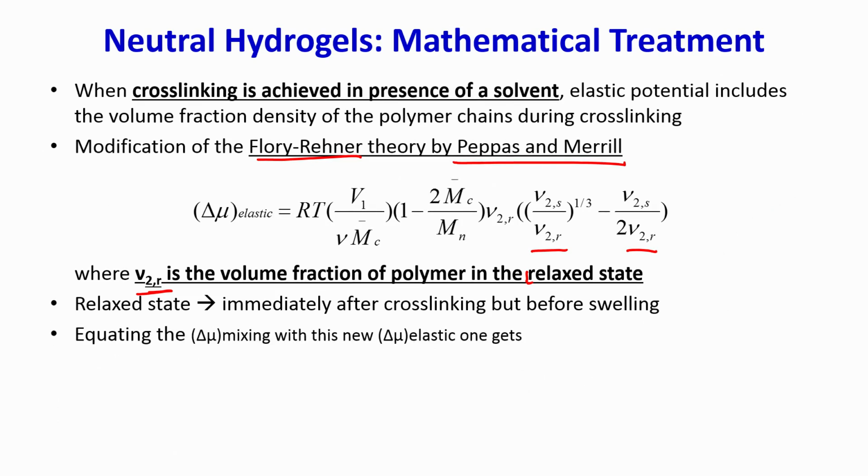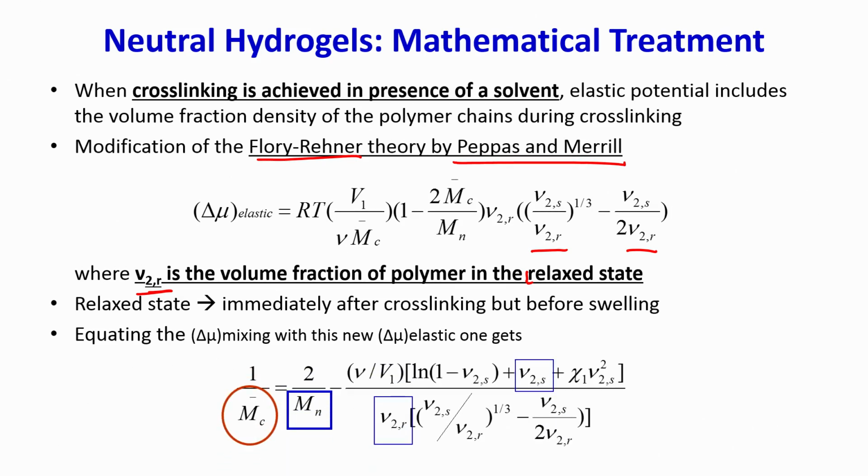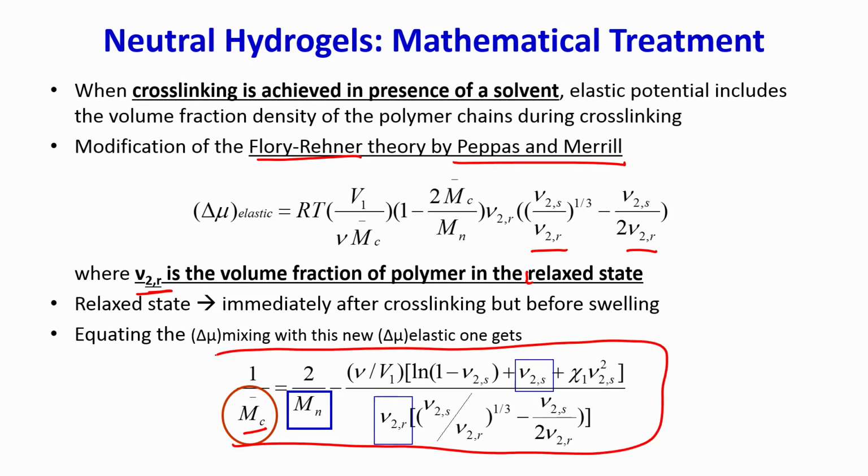So, we can now equate the delta mu mixing with delta mu elastic like we did in the last slide, because they have to balance each other out at equilibrium state. Then we get a modified equation which defines MC as a function of several other parameters that we can compute or determine using various techniques.